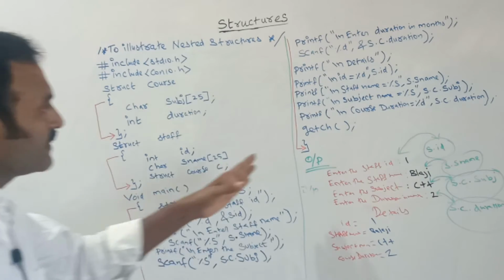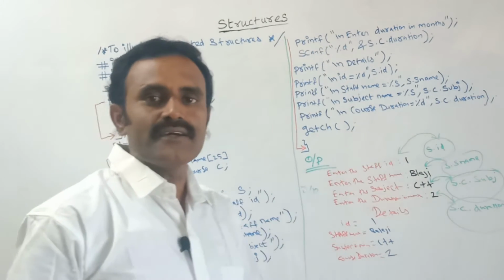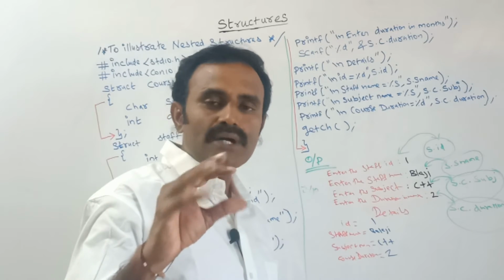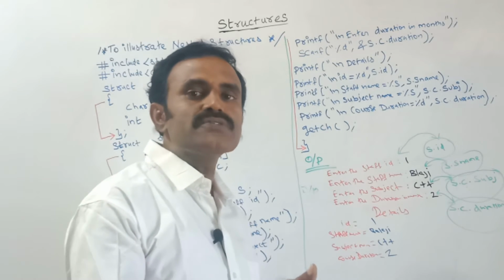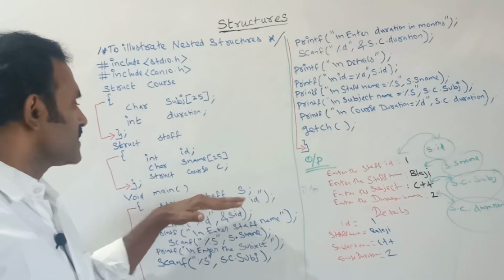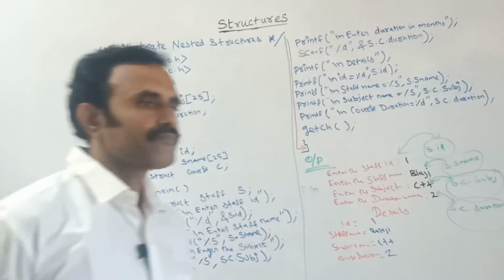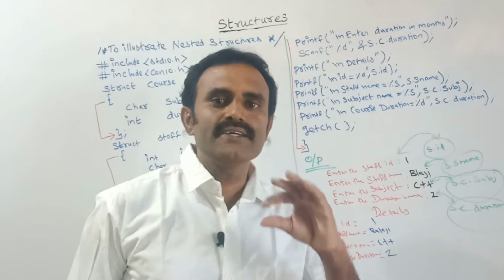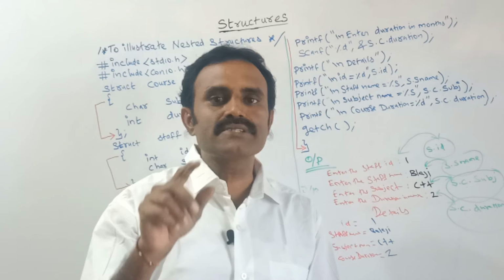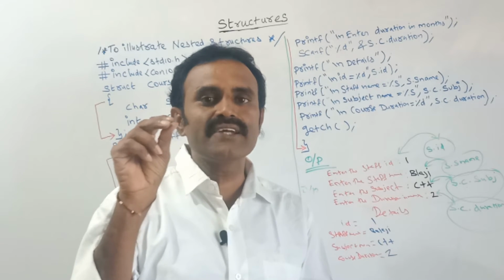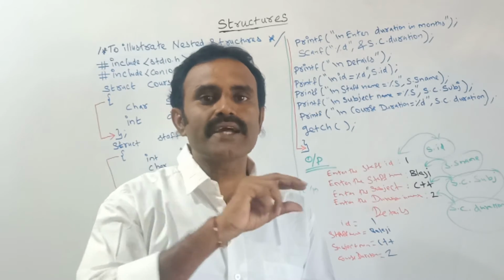Here we can store only a single record. Suppose we want to store multiple records, then we can use an array. We can use an array for this structure staff. For declaring an array, with the help of the subscript we give a subscript value, and depending upon the value given in the subscript, that many records can be stored.